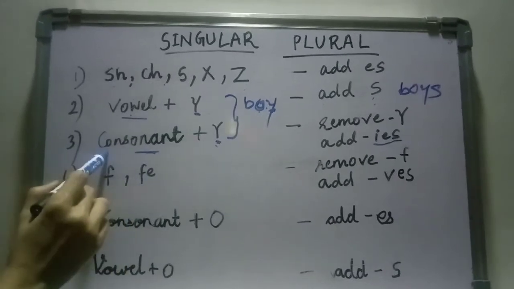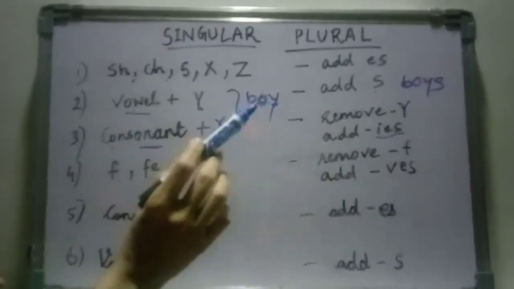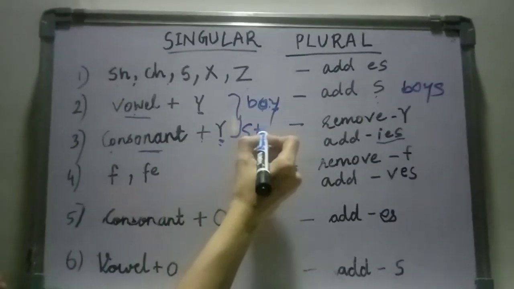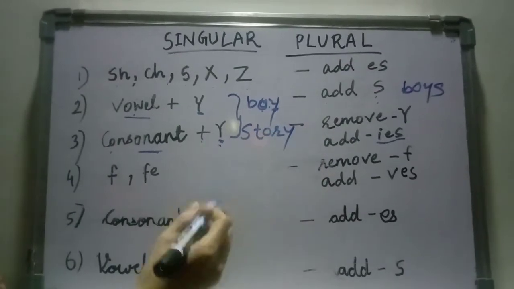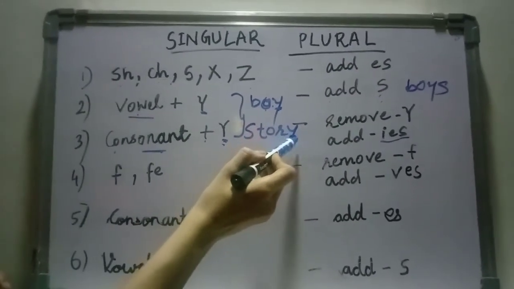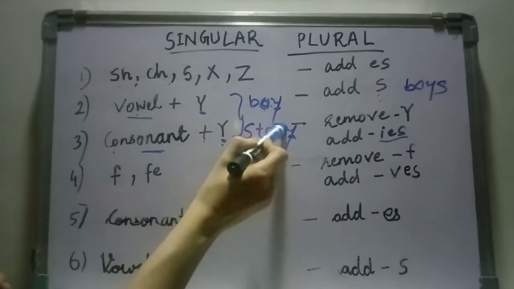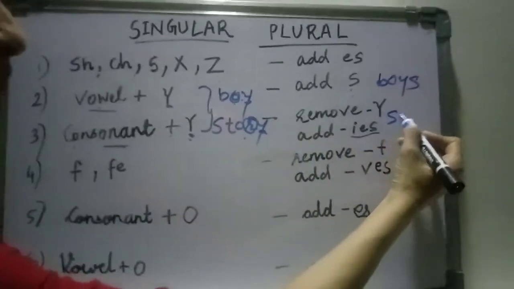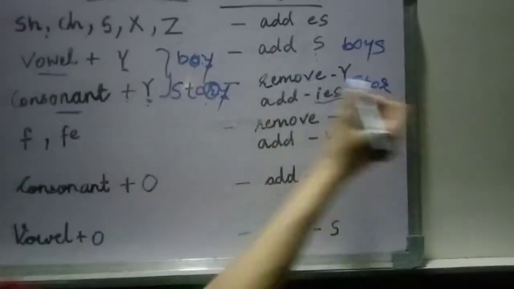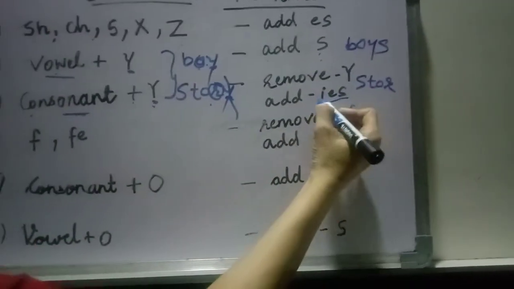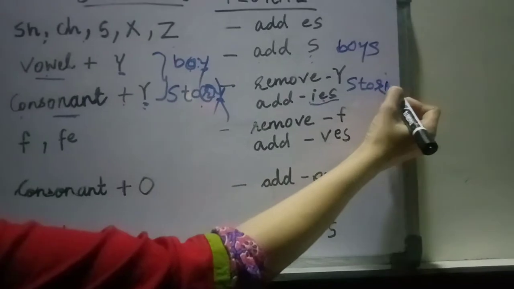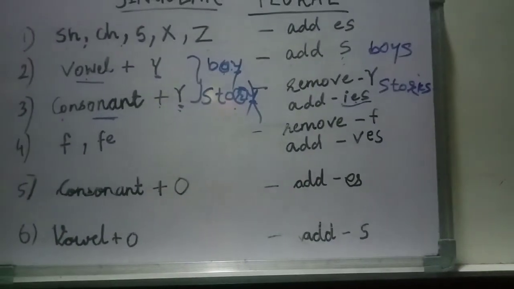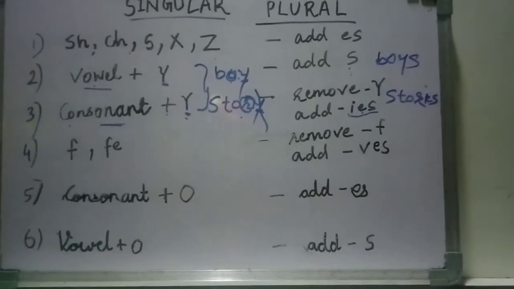If it is consonant plus Y, suppose story, it is ending with Y, but before Y, there is a consonant. So the plural will be, you remove this Y and you add IES to it. This is rule number 2. I'll be taking more examples.